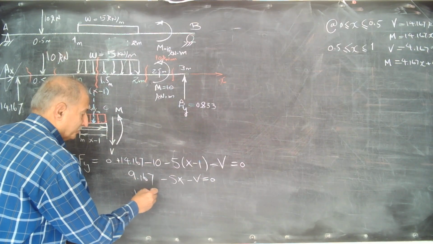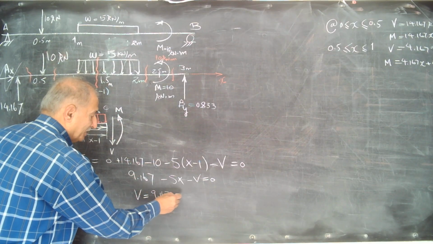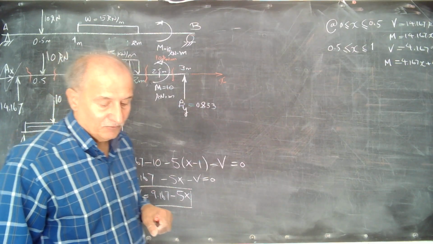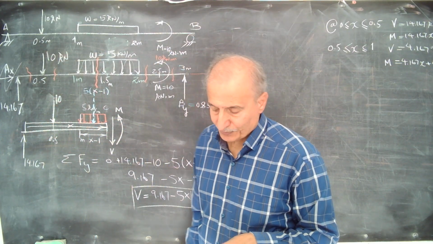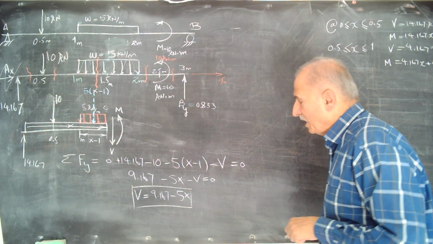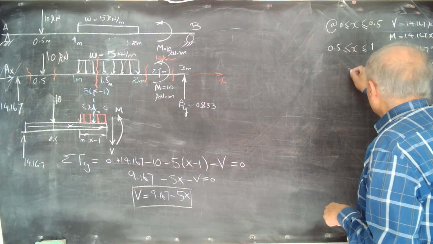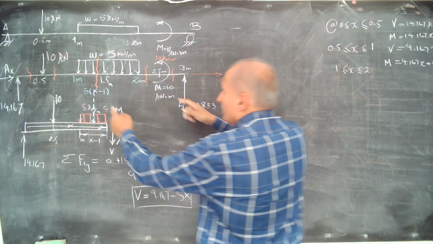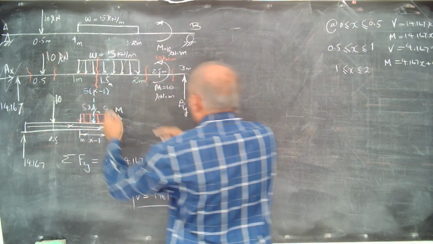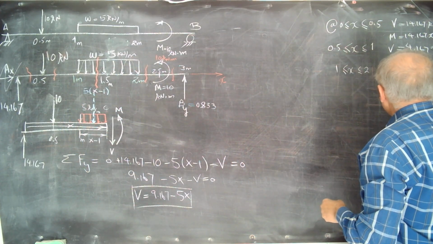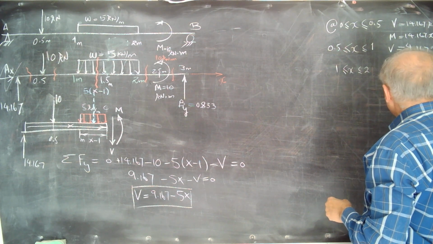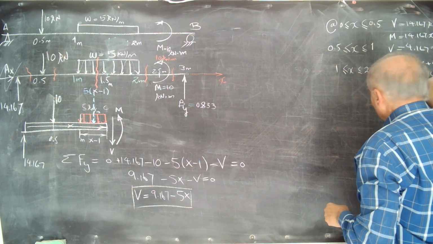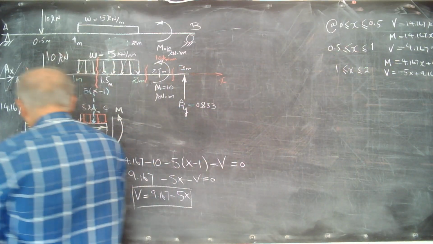V is equal to 9.167 minus 5x. Okay, that's the resultant for V. At x between 1 and 2, V is equal to minus 5x plus 9.167, and M, let's calculate it.